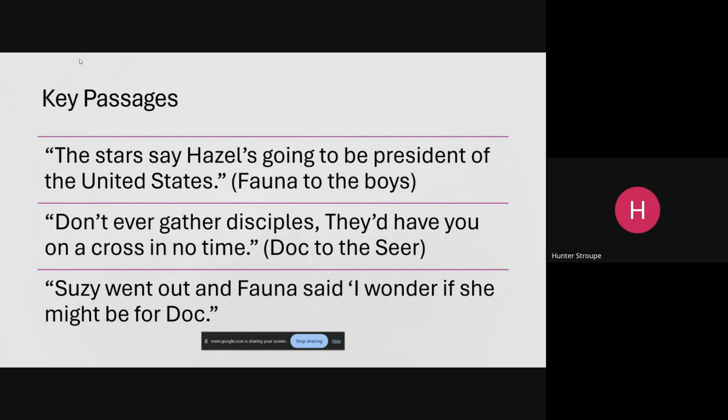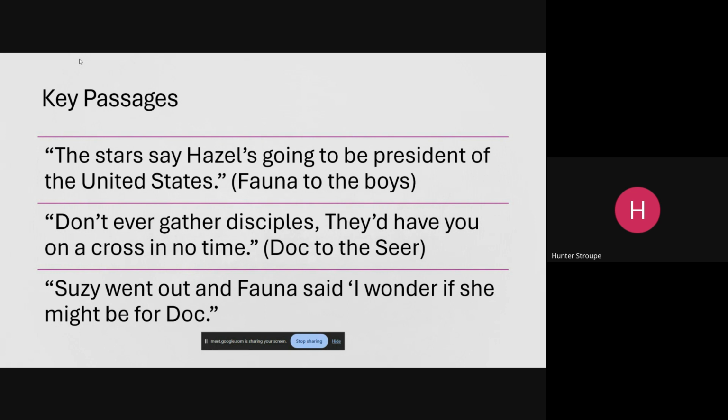The next key passage I put wasn't really a key passage in terms of the plot of the story, but I put it in there because it reminded me of a quote from the end of To a God Unknown, where the main character goes to speak to the priest, and the priest says something along the lines of, thank God he doesn't have any followers, because they would essentially view him as Jesus.